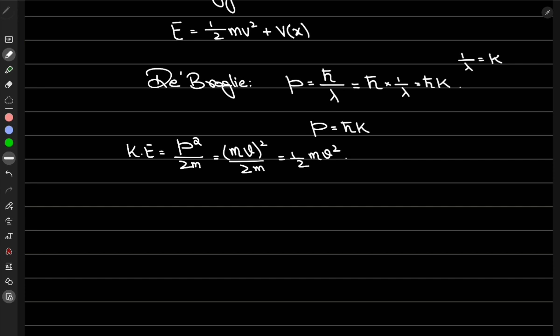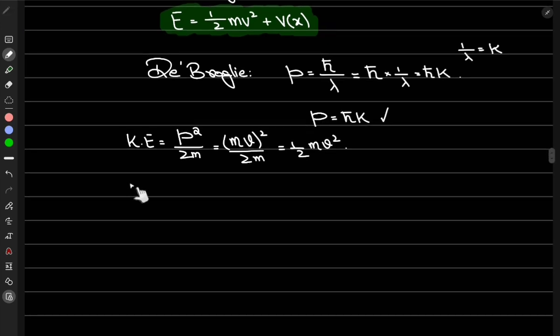Right, now what I'm going to do is I'm going to rewrite this equation. Let me just highlight it for the sake of it. This equation, I'll rewrite it using this relation that we derived: p is equal to h bar times the wave vector. So I can write it like this.